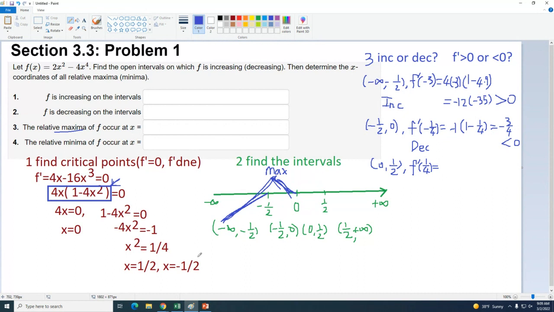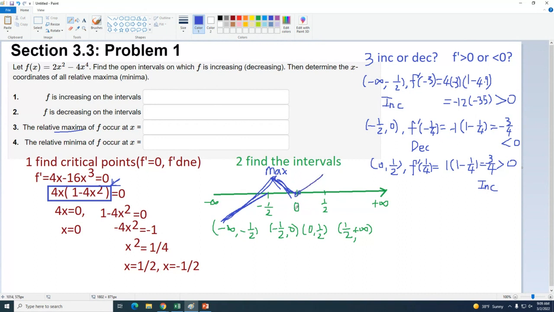So we'll do 4 times 1/4, which is positive 1. And then 1 minus 4 times 1/4, 4 times 1/16, it's 1/4. And we end up getting positive 3/4, which is positive, so we know it's increasing. All right, so in this interval, it's increasing.